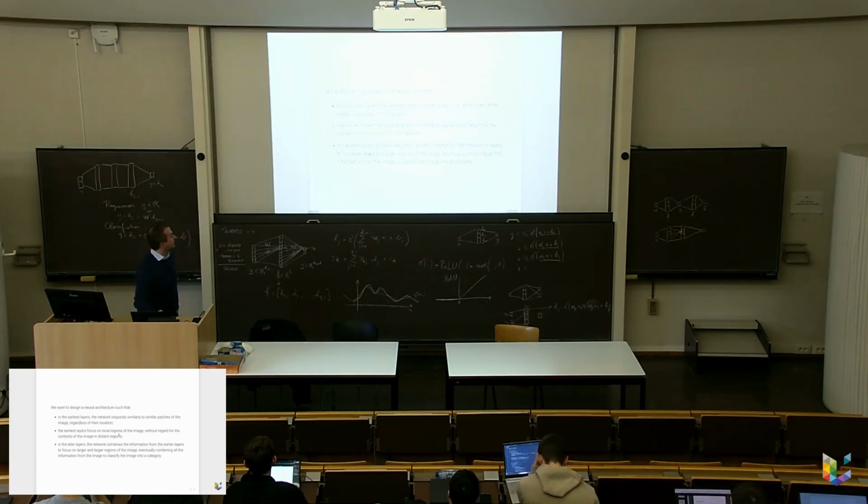What we could do instead is to try to have a neural network such that in the very first layers of this neural network, the network would respond similarly to similar patches of the image, regardless of their location.